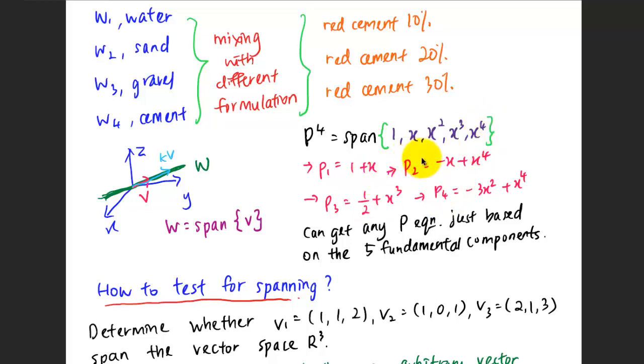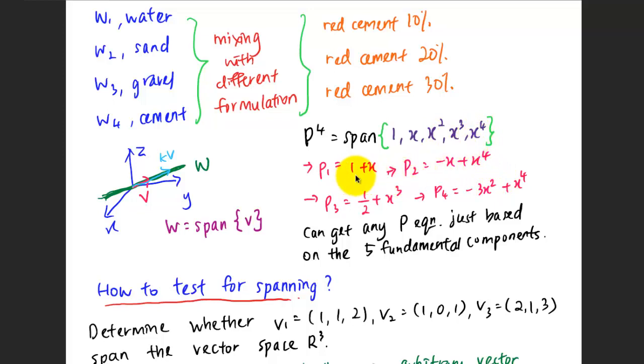So P2 here is actually a combination of negative 1 multiplied with x plus 1 multiplied with x to the fourth. Or P3 here is 1 over 2 multiplied with 1 plus 1 multiplied with x cubed. Or P4 here is negative 3 multiplied with x squared plus 1 multiplied with x to the fourth.